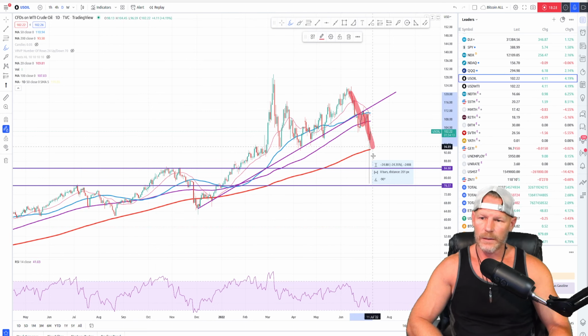I do expect it to come all the way down, at least to our $84 per barrel support, maybe down to $76 per barrel. And that is also an indicator that we're going to have some relief here in the next few weeks at least.